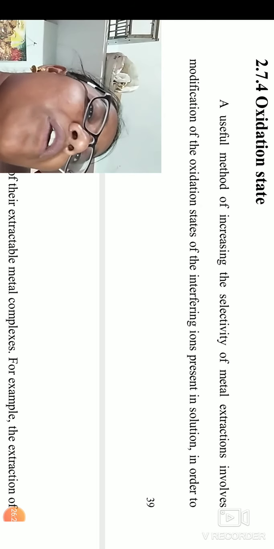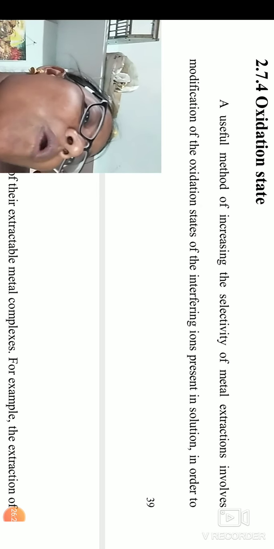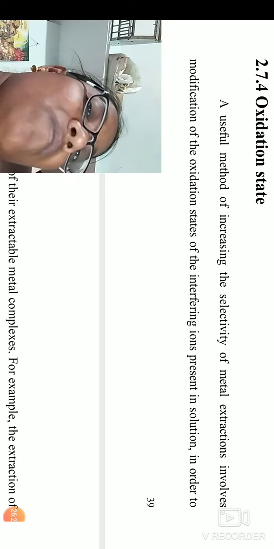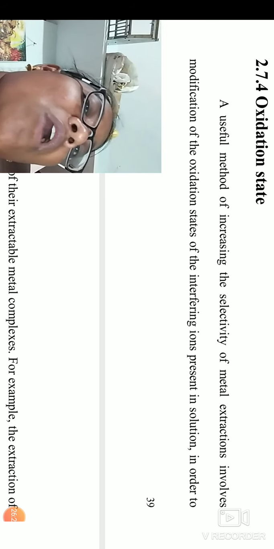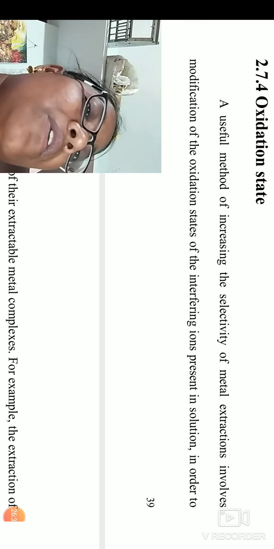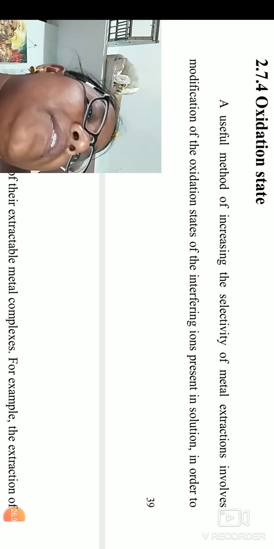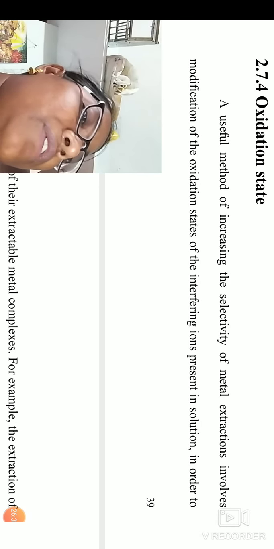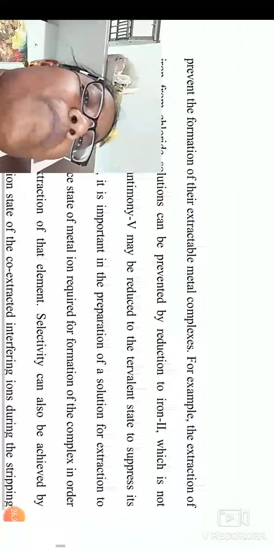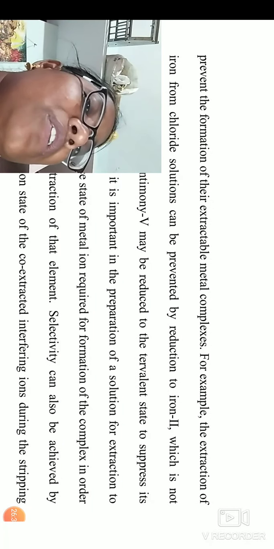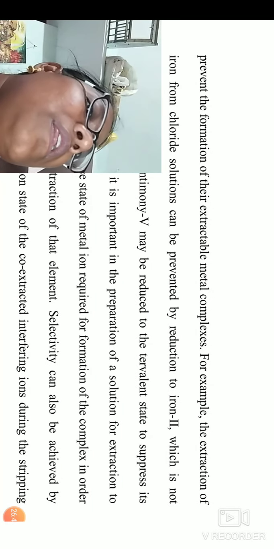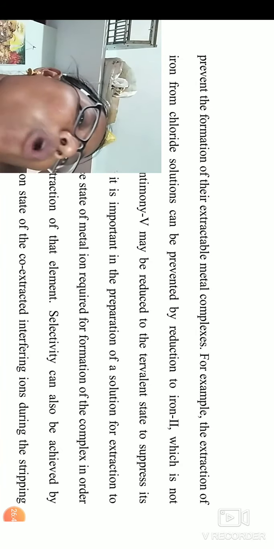A useful method of increasing the selectivity of metal extractions involves modification of the oxidation states of the interfering ions present in solution in order to prevent the formation of their extractable metal complexes.